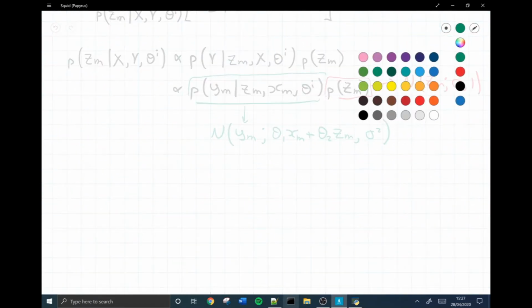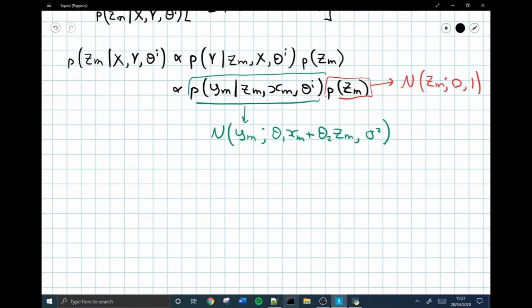So what we have is that the posterior over Zm is a product of two normal distributions, and this is linear in terms of Zm. And we've done this deliberately. It's convenient because it means that we can combine these two distributions, and essentially you can rearrange it to find that the posterior over Zm is also a Gaussian.